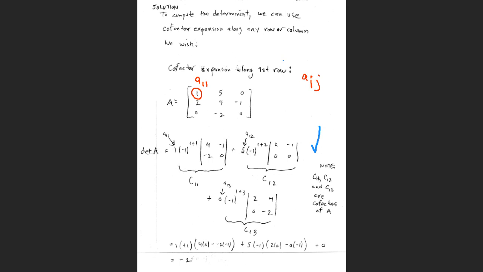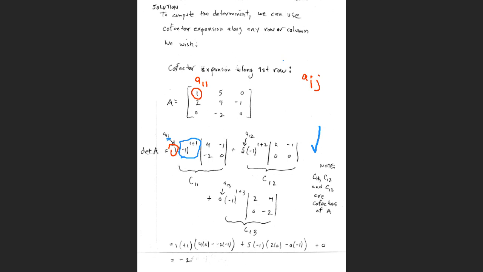Okay, so what we do is we put the 1 there, but we're going to multiply the 1 by -1 to the 1 plus 1 power, because those are your indices, 1 and 1.